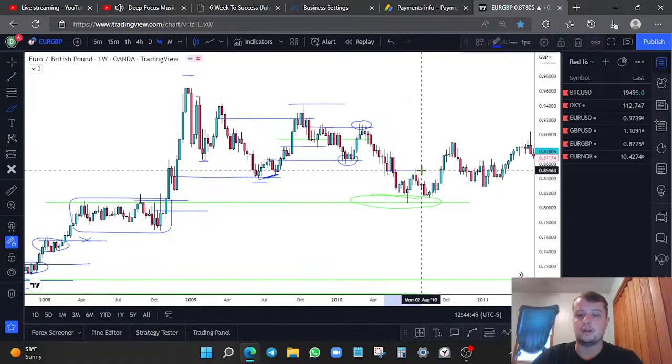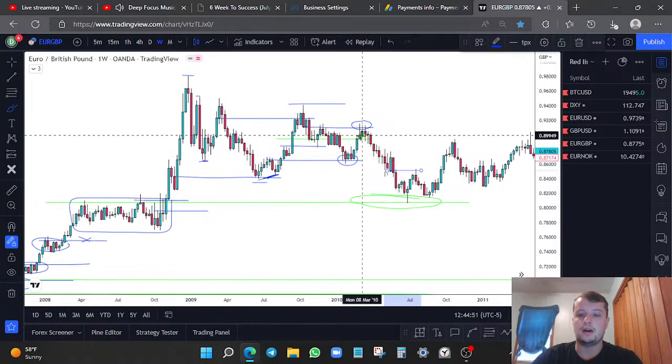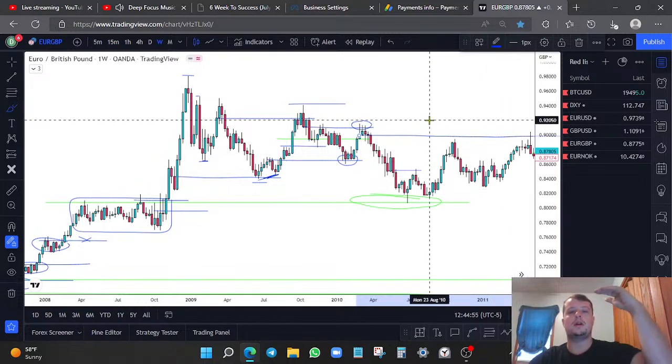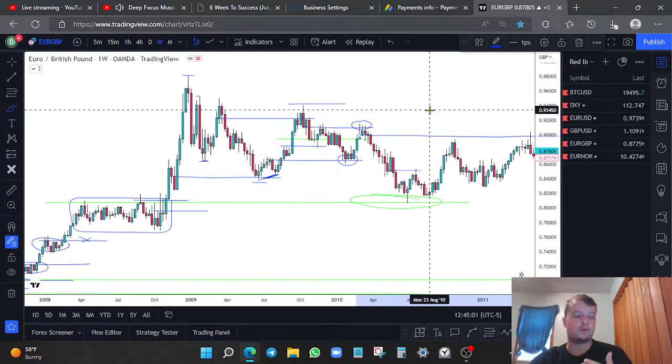You could say here's a bit of buying, but ultimately supply is high and demand is low. So every time you get a break of structure, you ideally want to look at the highest point of supply and the lowest point of demand.